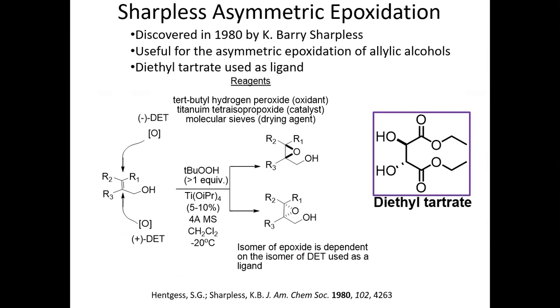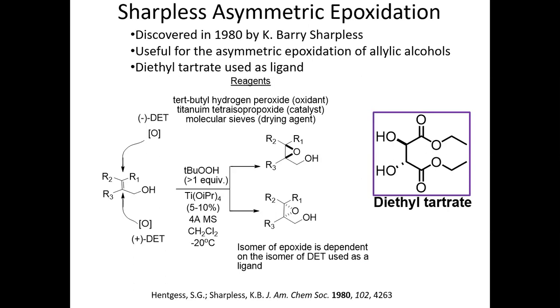This was done by Barry Sharpless. I want to say he is at Cal Berkeley, though I may be wrong about that. A world-renowned chemist for the development of this asymmetric catalyst for epoxidation, right?